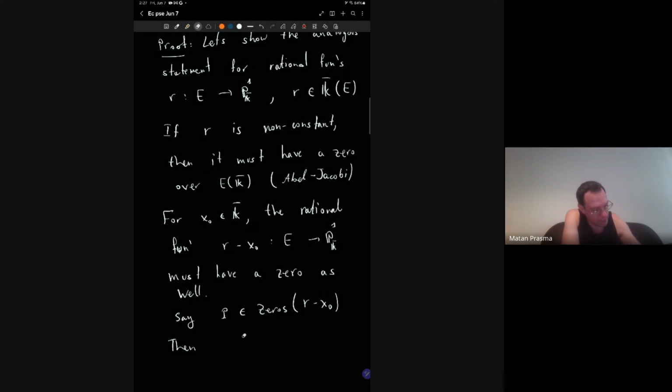I can write it a bit more detailed. R minus x0 evaluated at P is, by definition, R of P minus x0. This is equal to 0. This is the same as saying that R of P is equal to x0.